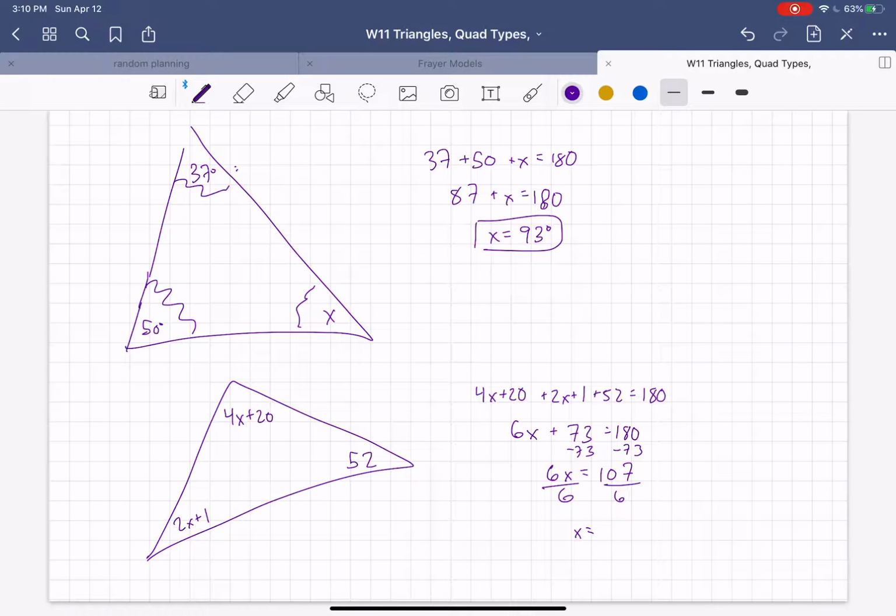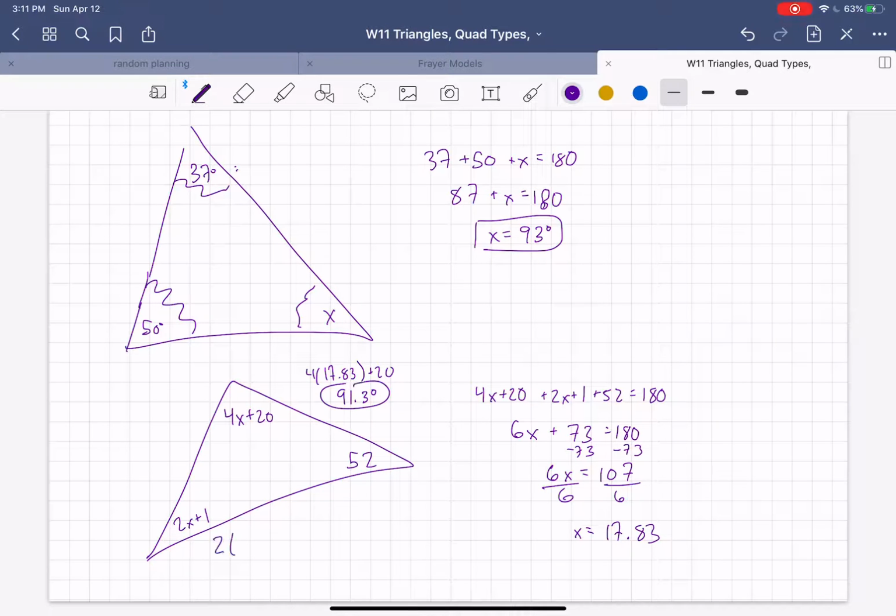What we do get, though, is 107 divided by 6 equals 17.83, which we can plug back into our expressions to get our individual angles. So we do 4 times 17.83 plus 20 to get about 91.3 degrees.